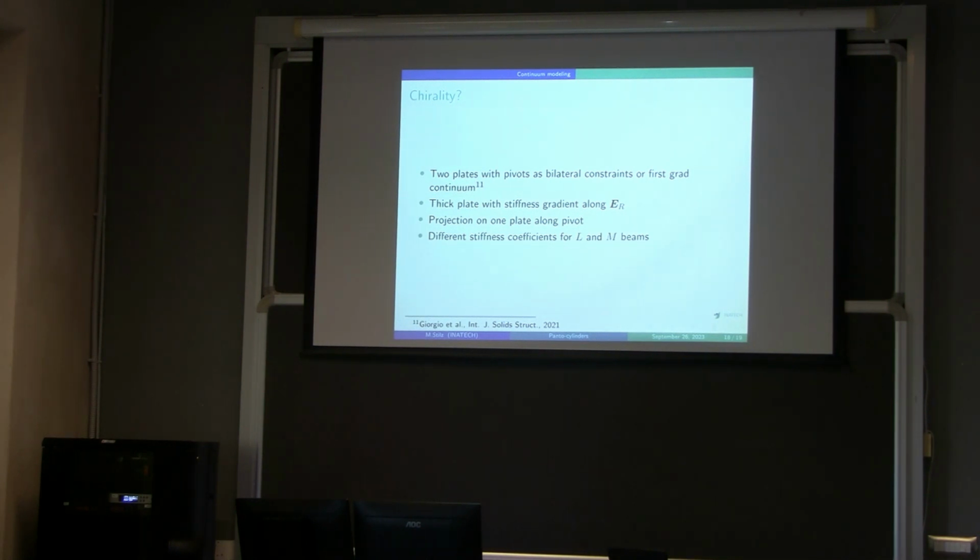But what should be possible is that if I only introduce different stiffness coefficients for the inner and outer beams, I already introduce a kind of chirality, but it's probably not the same behavior as through the offset. It would be interesting to follow up on that and see how this relates to the offset.